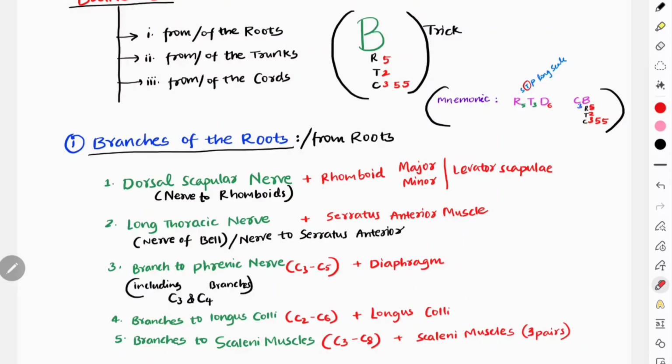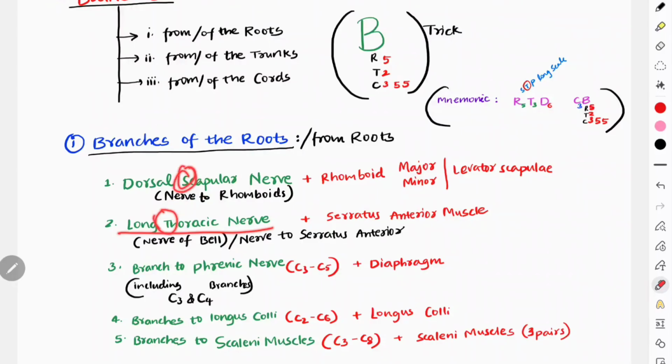We'll discuss that, right? So the mnemonic to remember these nerves is STP long scale. Same as RTD CB 5335, the mirror image. So the branches from the roots are STP long scale. S means dorsal scapular nerve. T means long thoracic nerve.